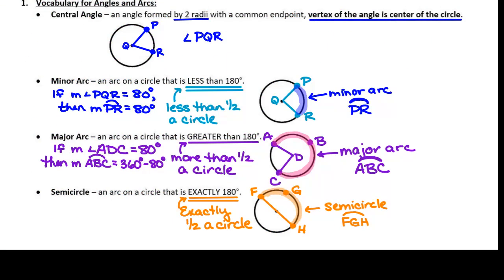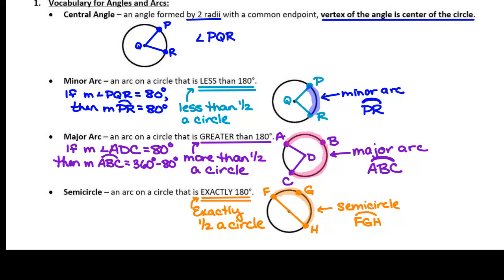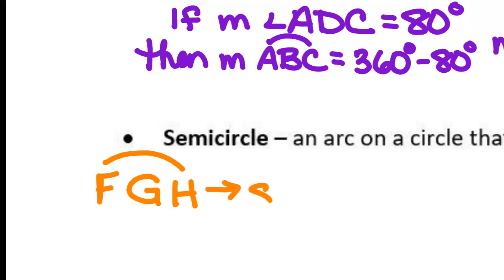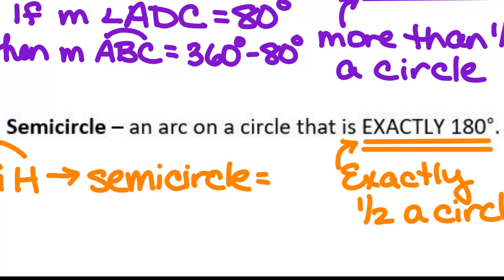Because it is more than a minor arc, it is not less than 180, we name it with 3 letters, just like we do with a major arc. So FGH is a semicircle. It's equal to 180 degrees.